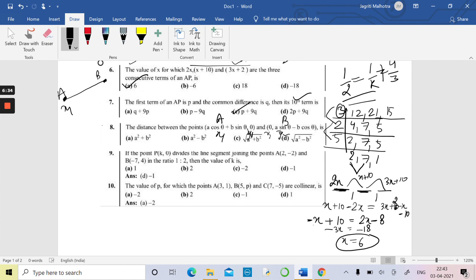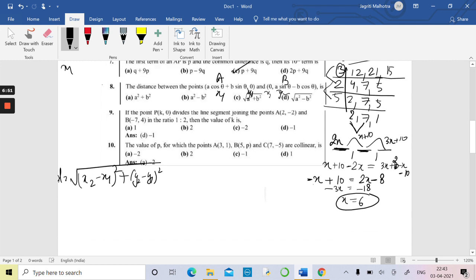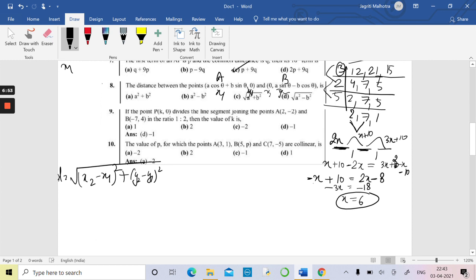So when we have to find the distance, that means we have to find x2 minus x1 whole square plus y2 minus y1 whole square. This is our distance formula, right? So while finding it, our x2 is 0.